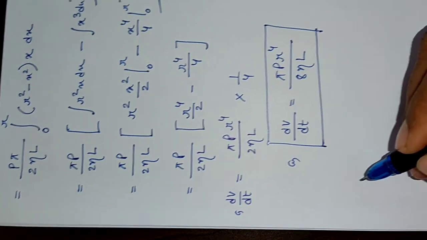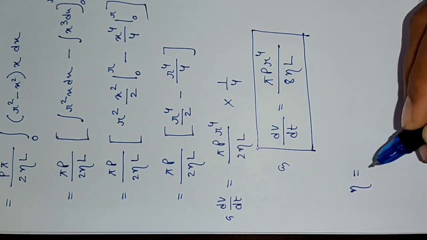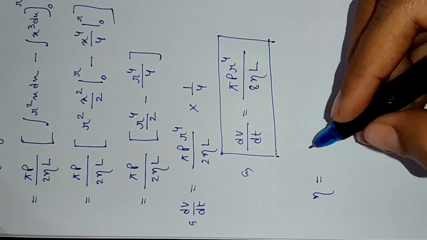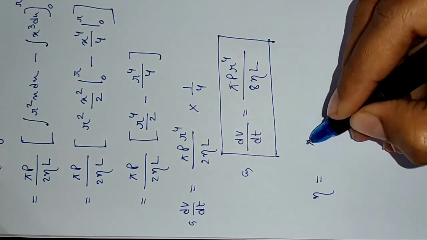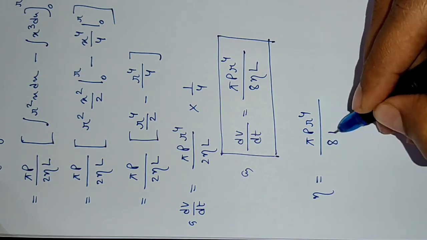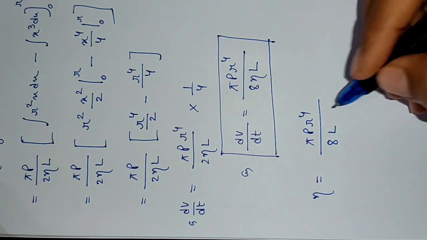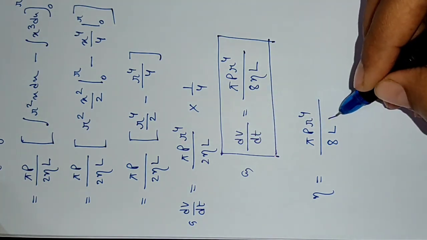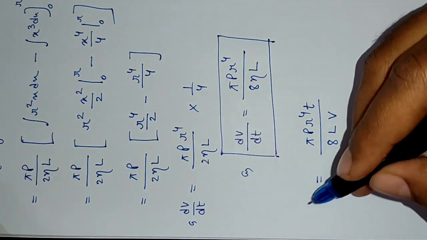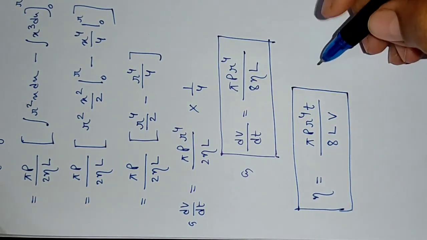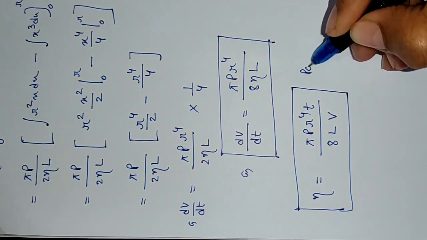Also, we can express eta in terms of the remaining factors. So eta equals pi P r to the power 4 upon 8L, into del t by del V. Now for finite change, this will be V and this will be t. So this is the famous Poiseuille equation.